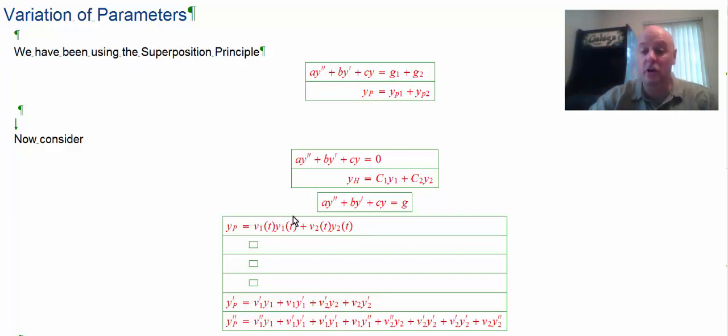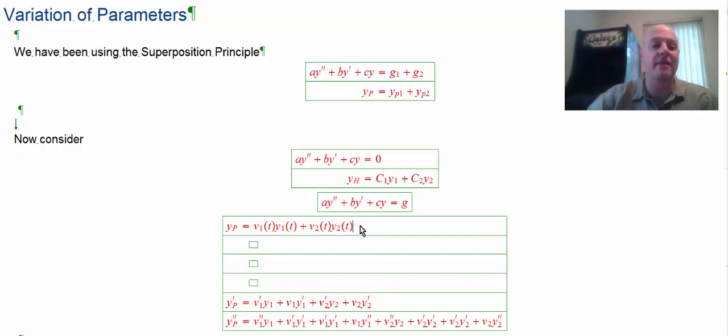So we're not taking a linear combination where these are constants, we're taking a function v1 times y1, where y1 is a little solution, and v2 times y2. And we're saying maybe we can make a particular solution out of this combination of the y1s and y2s, if we can find v1s and v2s that work.